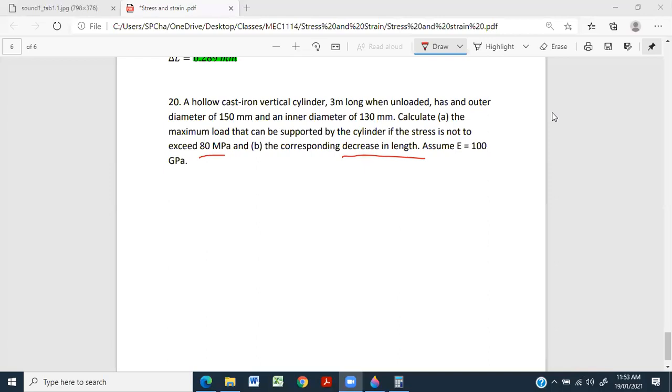So let me draw a diagram here. It's a cast iron vertical cylinder. Right? So you guys know what a cylinder is, right? Now let's just look at it from above, maybe like the cross section. What that will look like is one bigger circle, the outer diameter, and the smaller circle, the inner diameter.